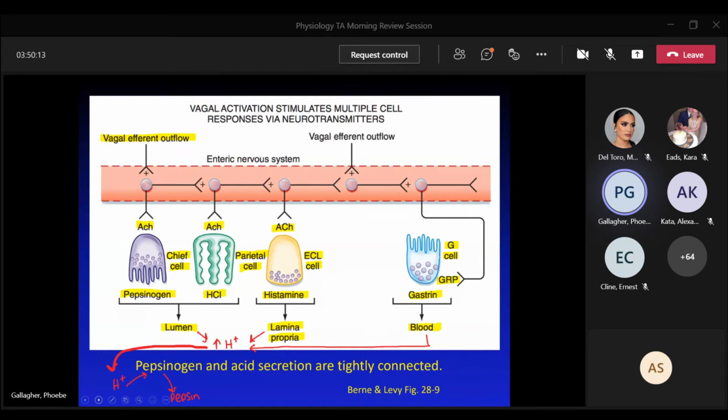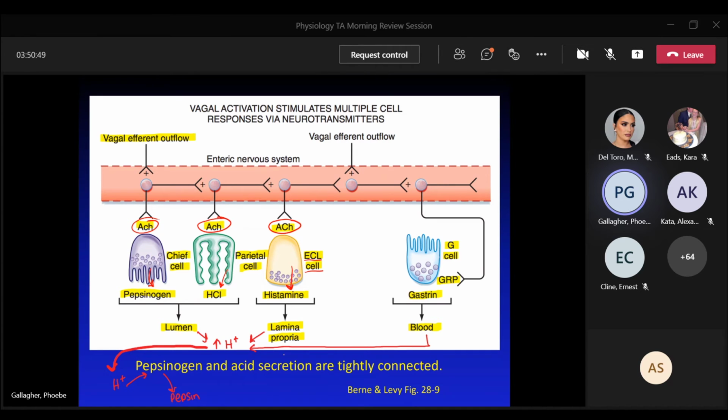Okay, so this is actually a pretty good slide for connecting everything. So remember that your higher brain centers are going to trigger HCl secretion through different means, either through your cephalic response or your gastric response. Either way, it's going to lead to the release of acetylcholine. And these 3 cells all have acetylcholine receptors. So that's going to trigger your chief cell to release pepsinogen, your parietal cell to secrete hydrochloric acid, and your ECL cell to release histamine.